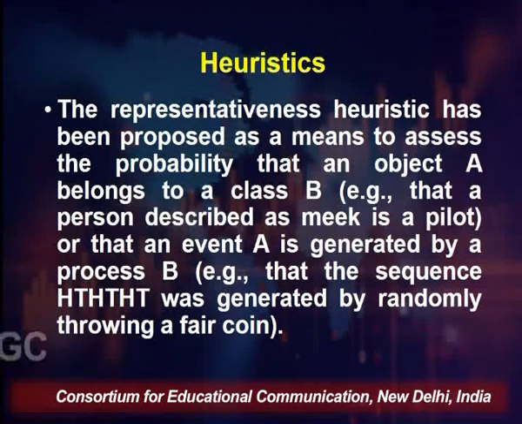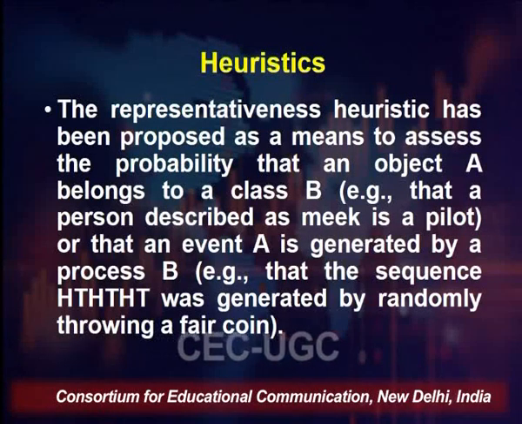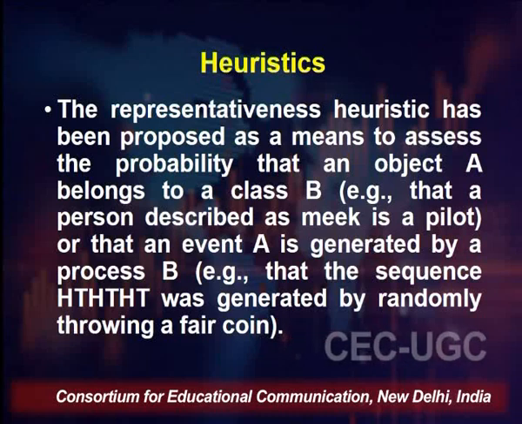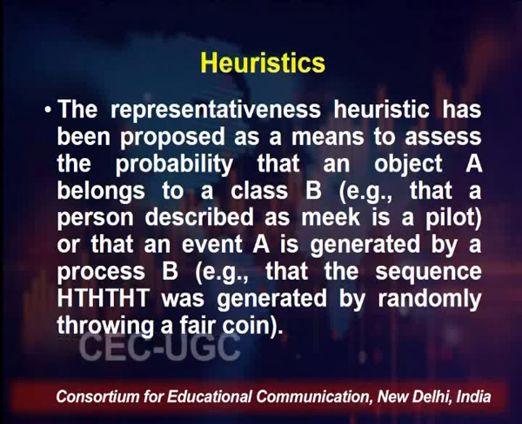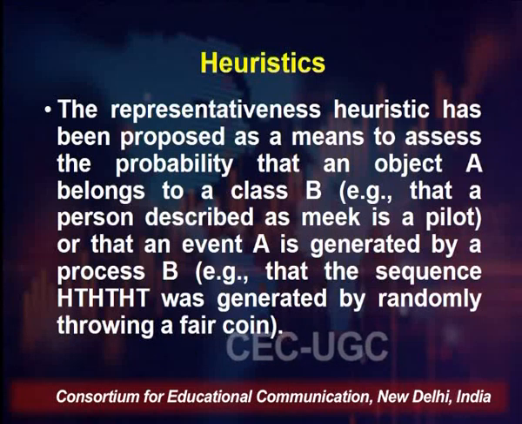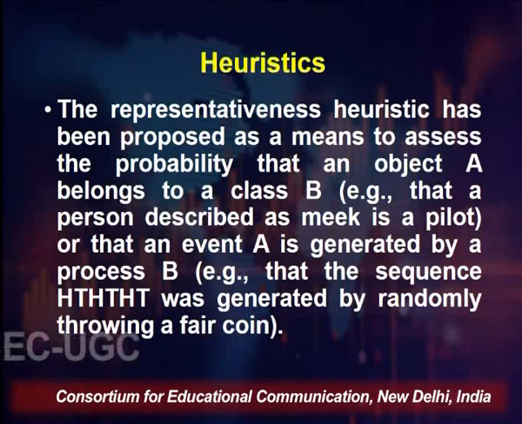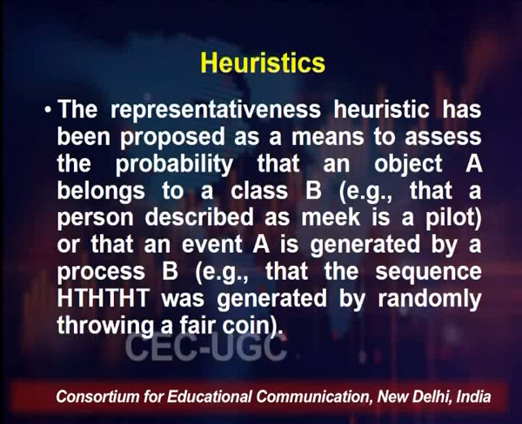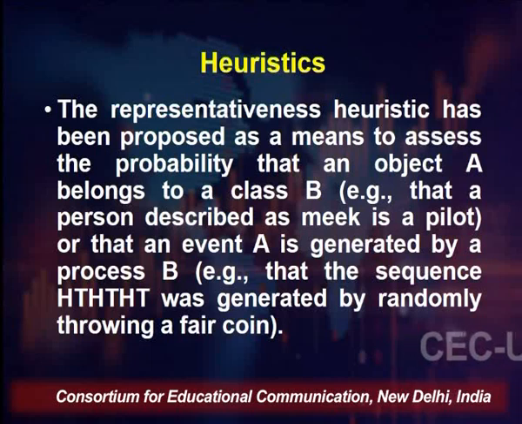Let's talk about the representativeness heuristic. It has been proposed as a means to assess the probability that an object A belongs to a class B. Example, that a person described as meek is a pilot, or that an event A is generated by a process B. Example, that the sequence head, tail, head, tail was generated by randomly throwing a fair coin.